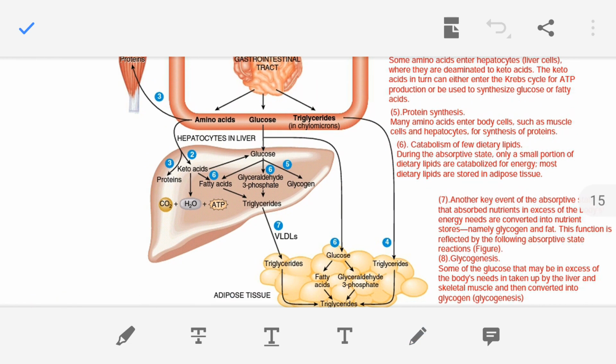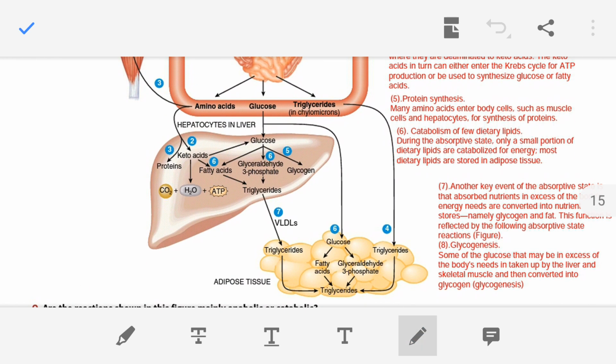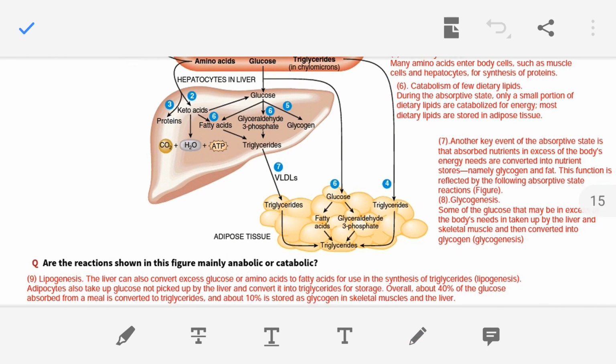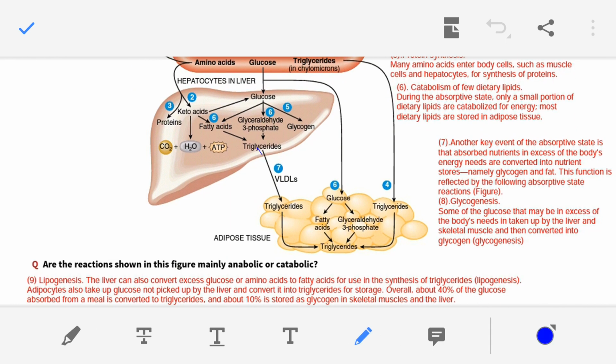Then you see the glucose is entering. We have discussed this thing, and glyceraldehyde 3-phosphate and fatty acid, they combine and the triglycerides are formed. And this triglyceride from the liver, they enter into the adipose tissue, and they are stored over here, the triglyceride.